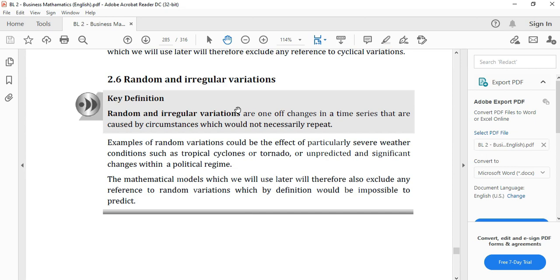The changes that happen because of a tsunami are random, because a tsunami came only once or twice to Sri Lanka. If it doesn't come very often and is like a one-time thing, we can define it as random or irregular variation. COVID can also be an irregular variation.